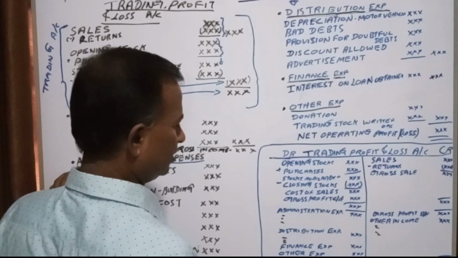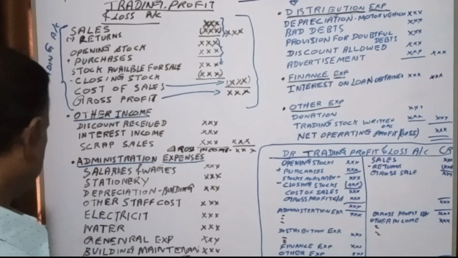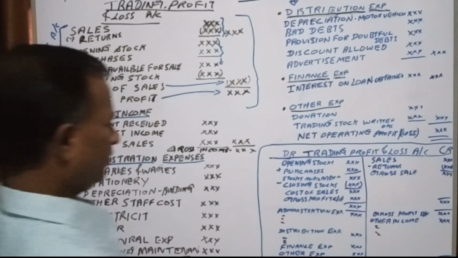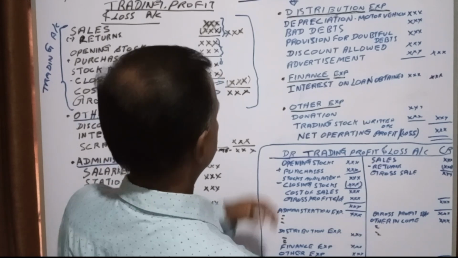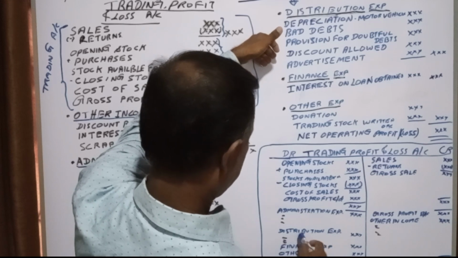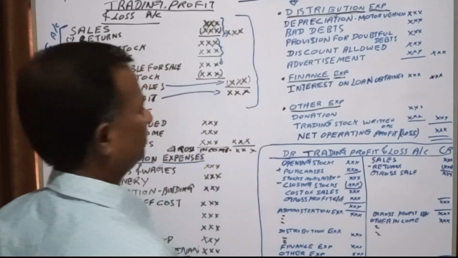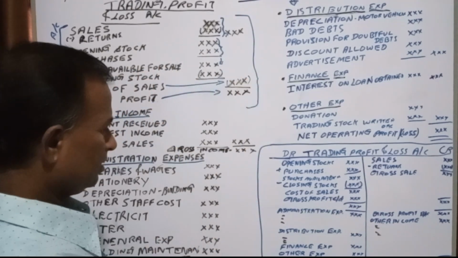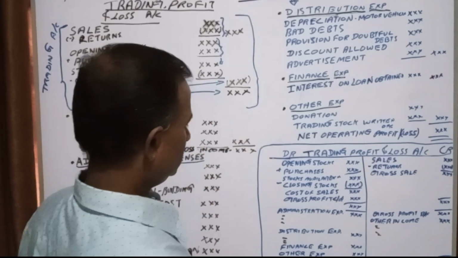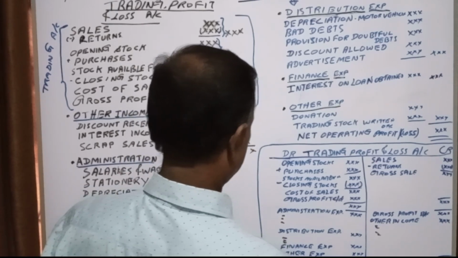All the expenses are on the debit side now. So administration expenses, and so on, those things we are recording here, and we are arriving at the total administration expenses. Distribution expenses, we are recording all the distribution expenses here, totaling here. Finance expenses, we are mentioning here, totaling here. Other expenses, we are writing all the other expenses, and the total is here.